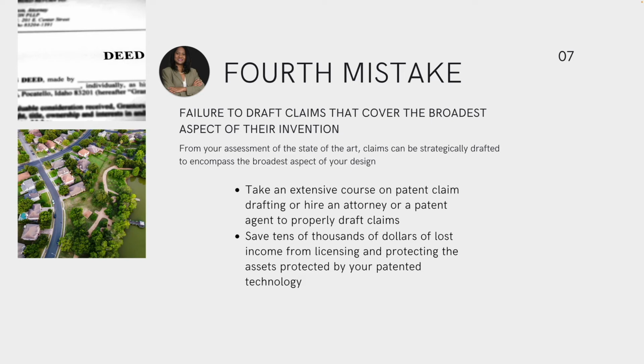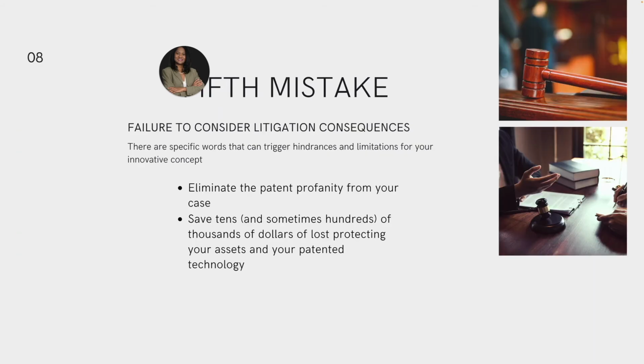In licensing, these are the claims that you can assert against other companies with their products that are reading on your claim. So you could save tens of thousands, actually gain tens of thousands of dollars of income from licensing and protect yourself from losses due to patent litigation, patent infringement issues. So that's how you resolve this fourth mistake.